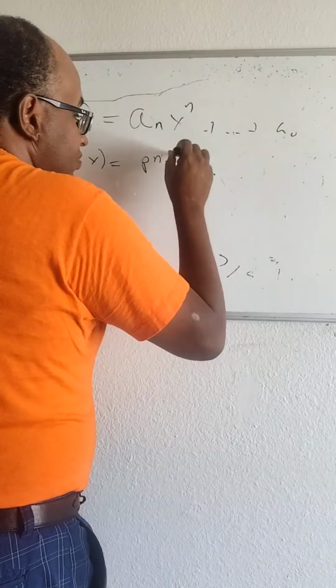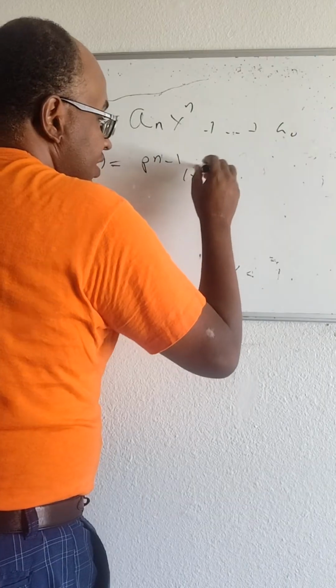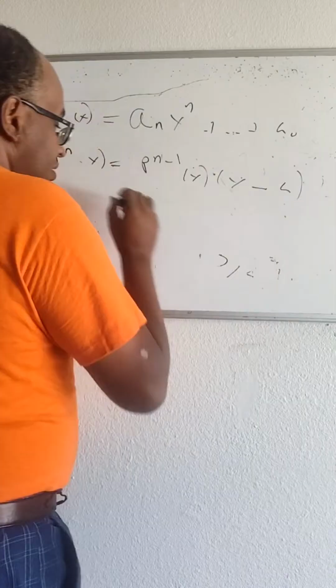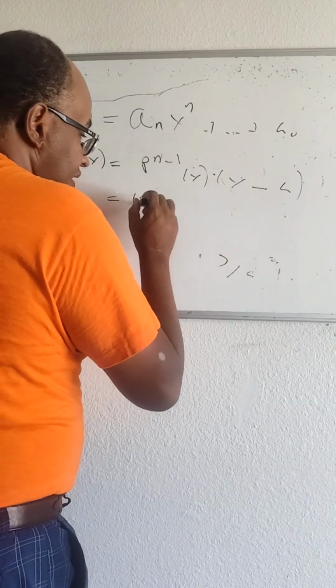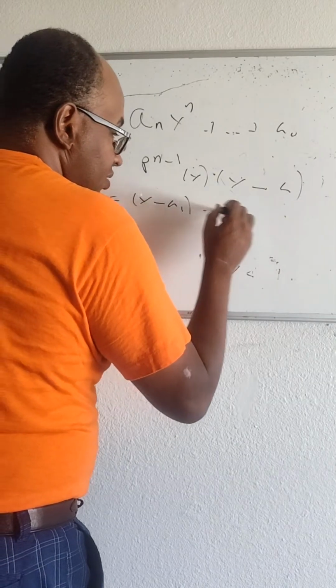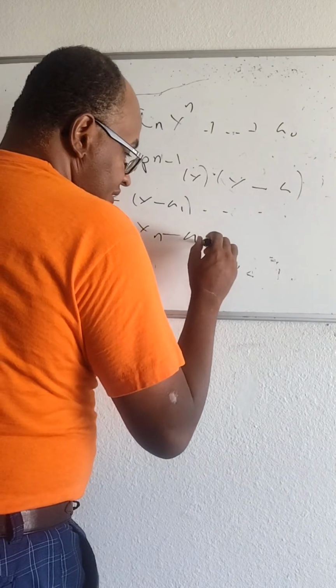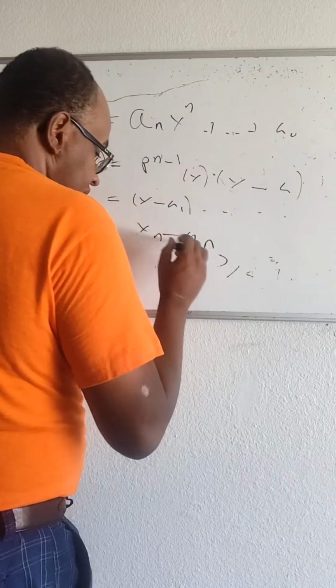P of x is back to x minus some number a, which gives us x minus a1, x minus a n.